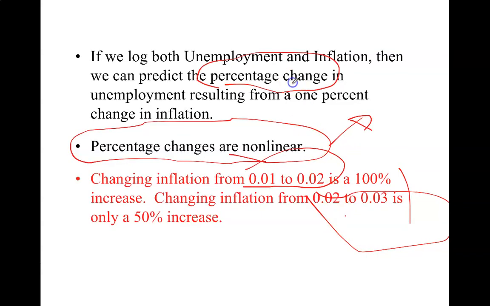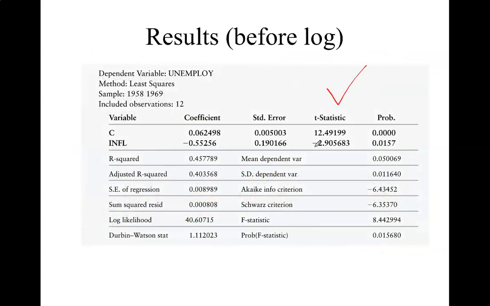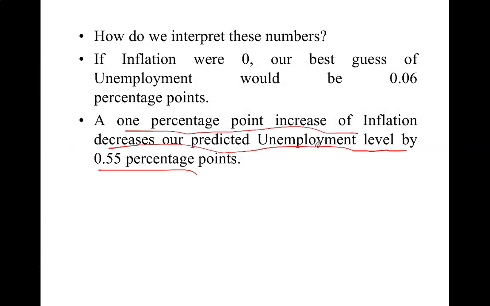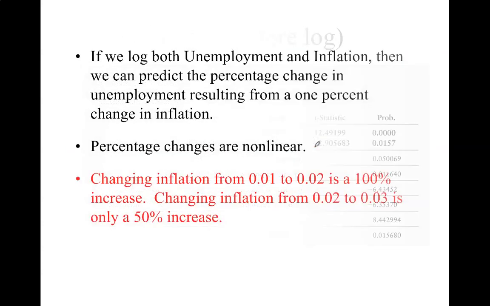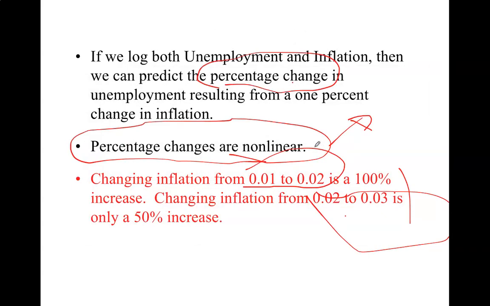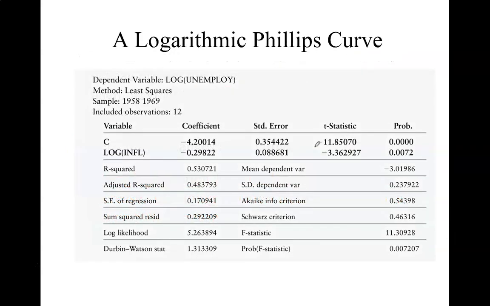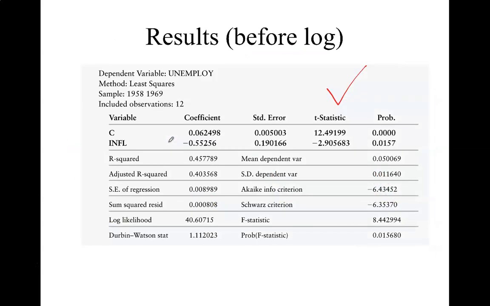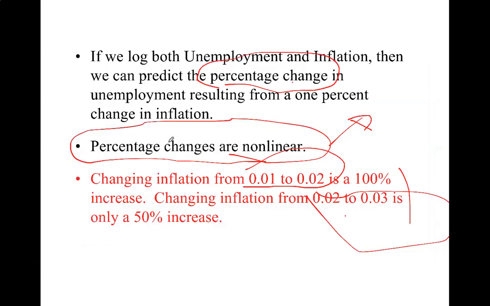It means something else if it talks about percentage change, but if we talk about just point change like this, then the interpretation will be very straightforward. So remember that when you interpret the double log model, especially when you talk about elasticity types of relationship. After taking log, the result totally changes compared to here. Here you have 0.55 negative.